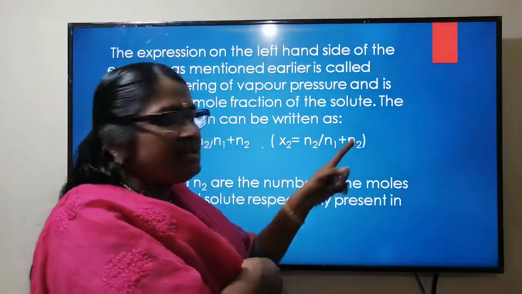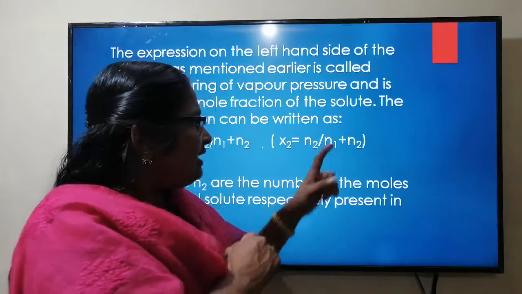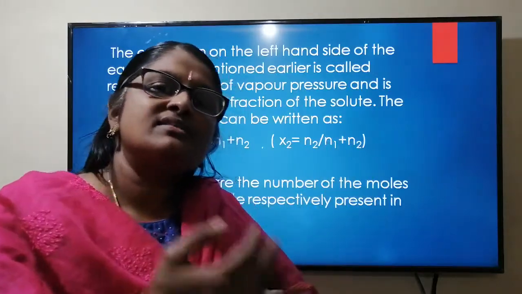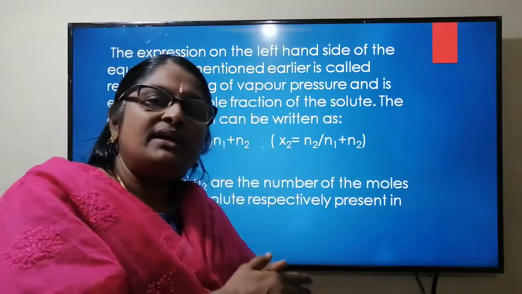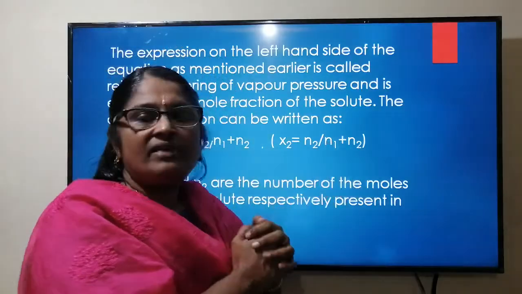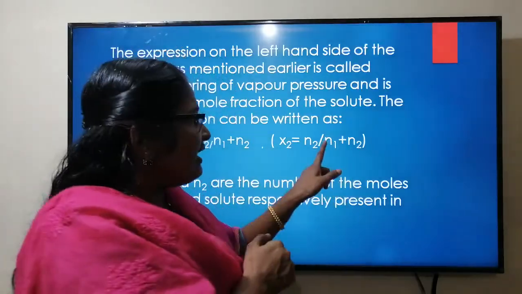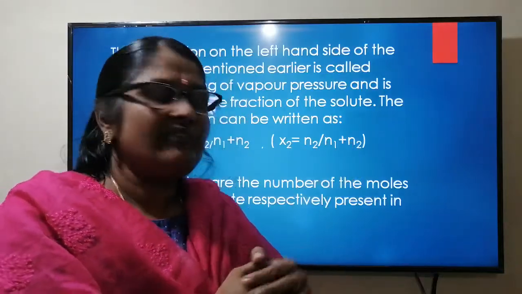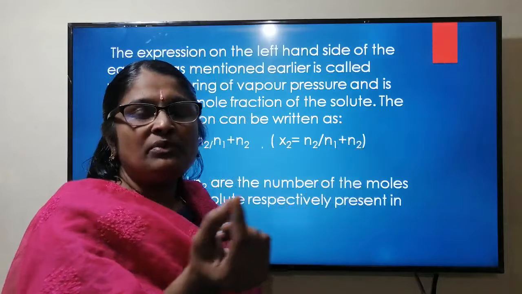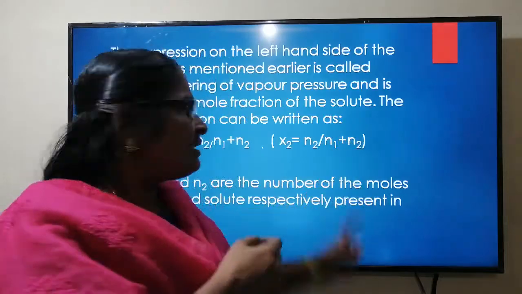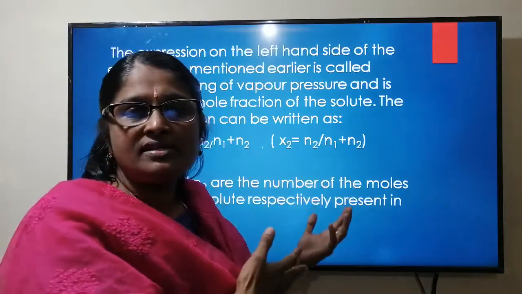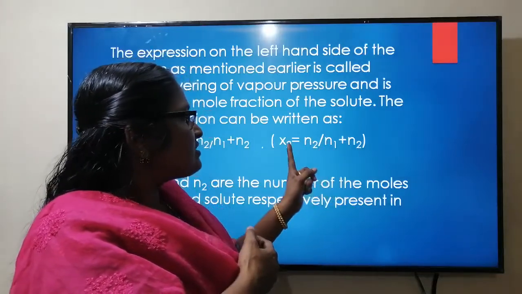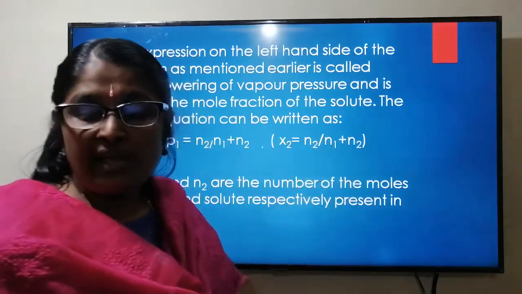That means N2, the number of particles of the solute, is very small compared to N1, the number of particles of the solvent. So in that case, N1 plus N2 can be written as N1 itself. We can neglect N2 because it is negligible compared to the bigger value of N1, like 1000. So instead of X2, we can write N2 by N1 for dilute solutions.